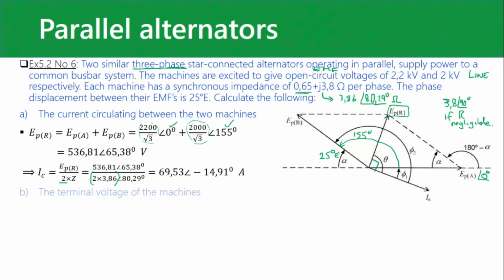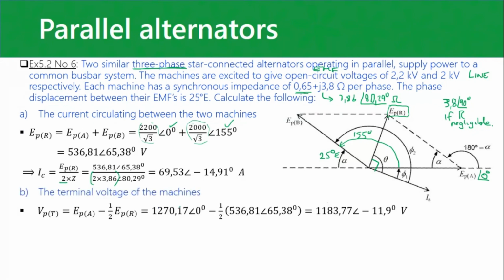So then the terminal voltage, we get that, this one here, 1270,17, that is just this minus half times EPR. There it is.